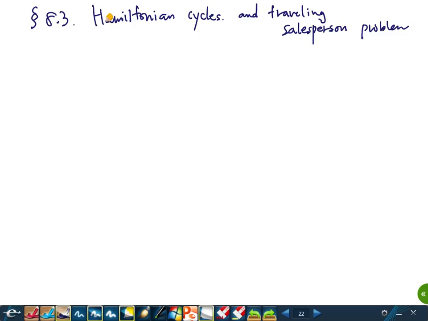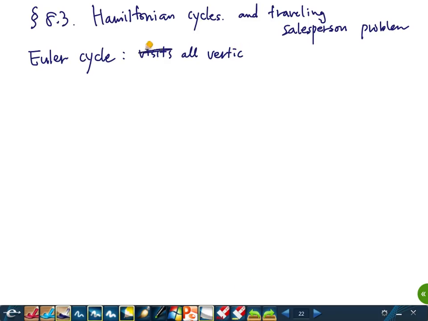So this is somehow similar but very different from Euler cycle. What is Euler cycle? It's a cycle that visits all vertices.